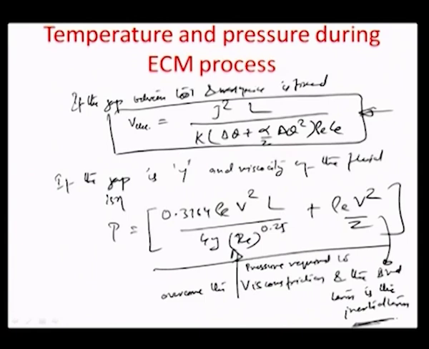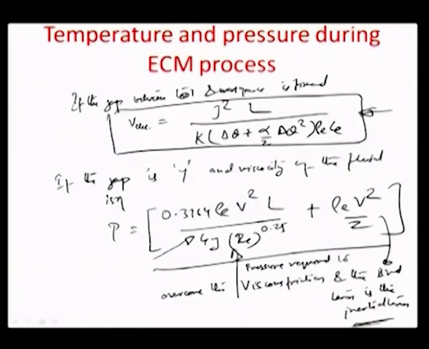As the gaps are very small, sometimes the first term becomes prominently important, because it is more a surface driven flow that we are talking about, which has more pronounced viscosity effects.